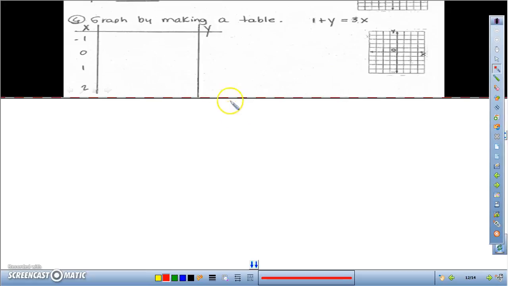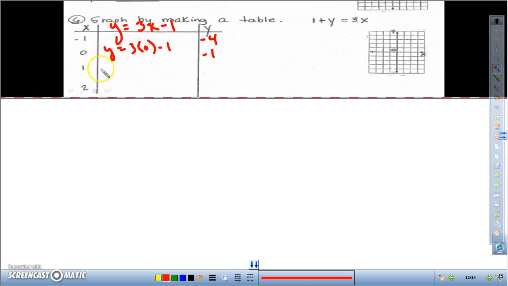So now we already know what this is when I solve it for y. And we just did this when we know that we're going to get a -4 here. So when I plug in 0 for x, my y value is going to be -1. When I plug in 1 for x, my y value, 3 minus 1, is 2.